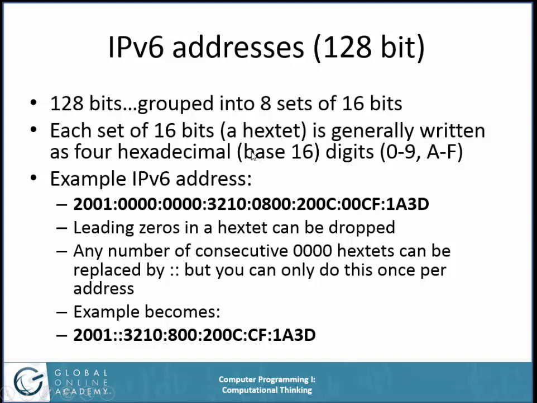If you are not used to hexadecimal, we know the decimal system. We use digits 0 through 9 in a base 10 system, so each position, we have a ones position, a tens position, a hundreds, a thousands. In base 16, we need to have 16 digits. Once we get from 0 to 9, we start using letters. So the letter A means 10, the letter B means 11, and so on up through the letter F being 15.